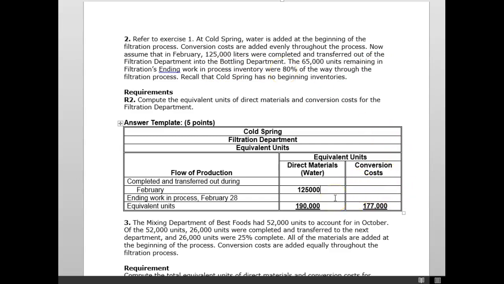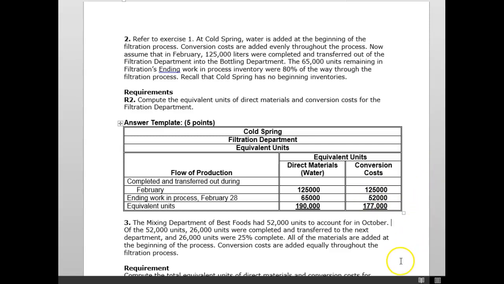This 65,000 was the ending work in process. Obviously, for direct materials there can't be any 80%, so those were 100% complete. But of that, the conversion costs were only 80% complete. So you would multiply 65,000 times 80% and come up with 52,000 equivalent units in process.